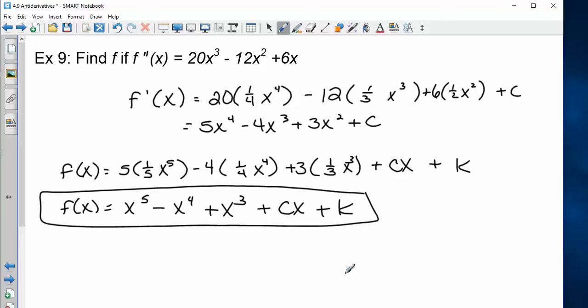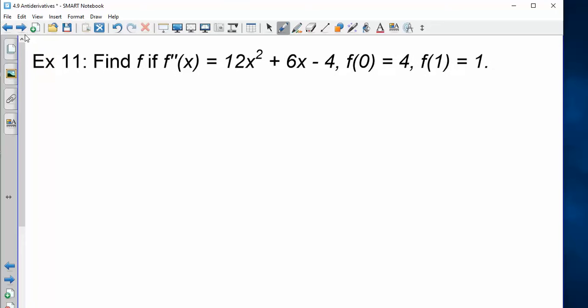So we can do the antiderivative multiple times. I do not want to do example 10. I'm going to go to example 11.